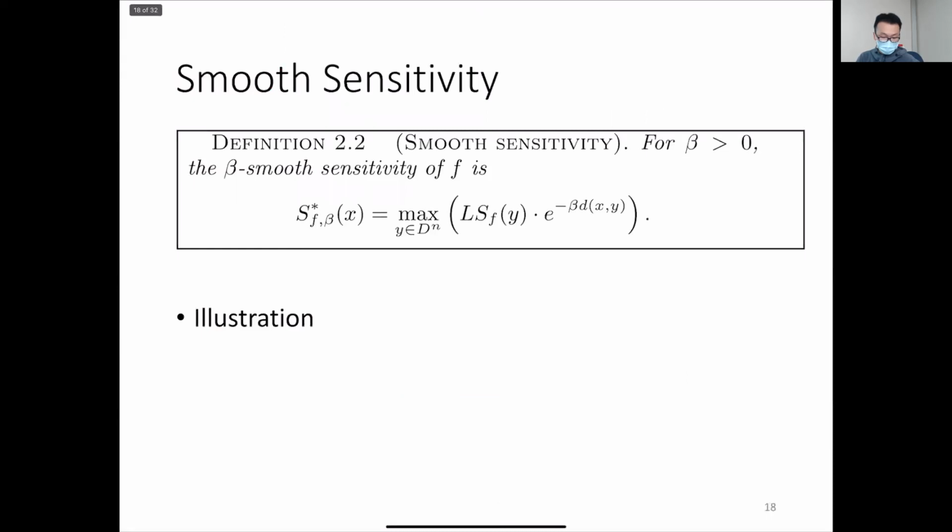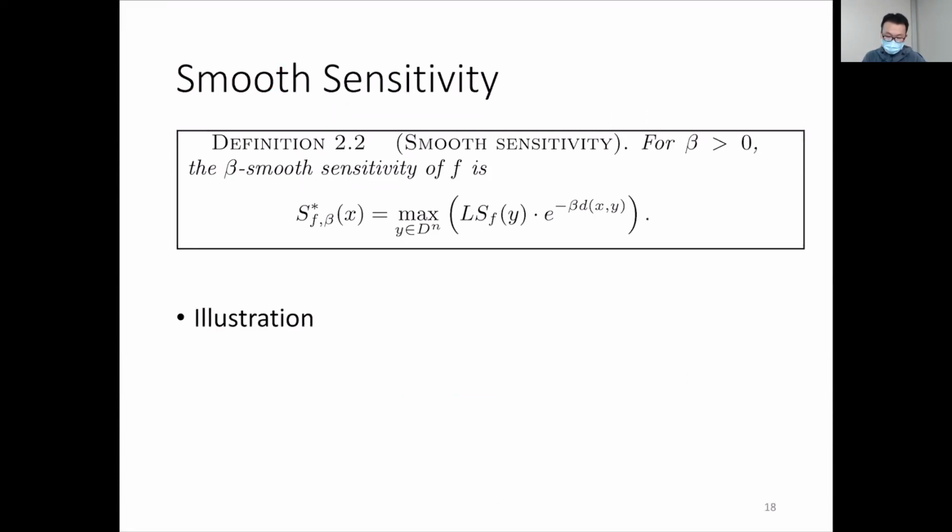Okay, so let's talk about the first approach, and arguably the most elegant approach, called smooth sensitivity. Smooth sensitivity is defined through the local sensitivity. It is an upper bound of the local sensitivity.